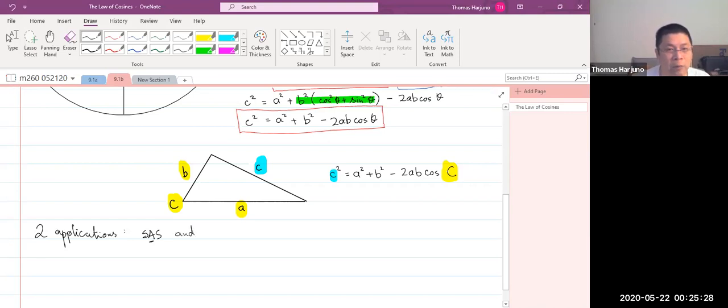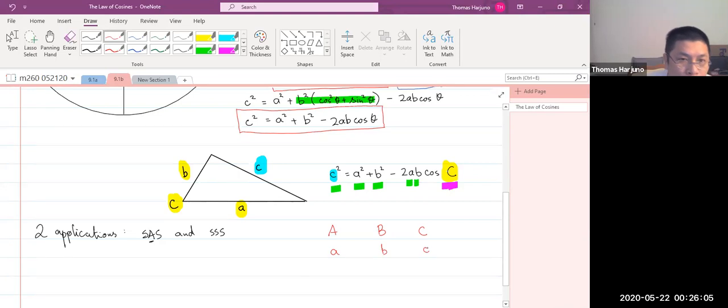And actually, the other application is when you have all three sides. Imagine if I have side A, side B, and side C. Then I can find angle C. To say it another way, in case that you have of this 6 components, angle ABC, side ABC, if you cannot use law of sine, then you must be able to use law of cosine.